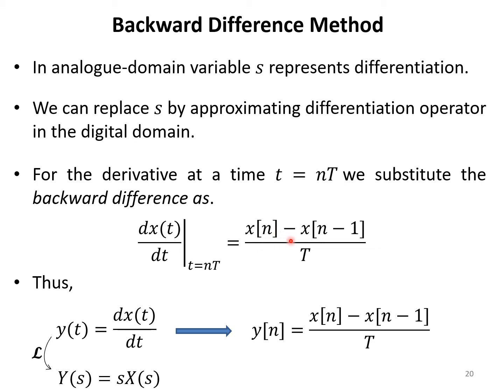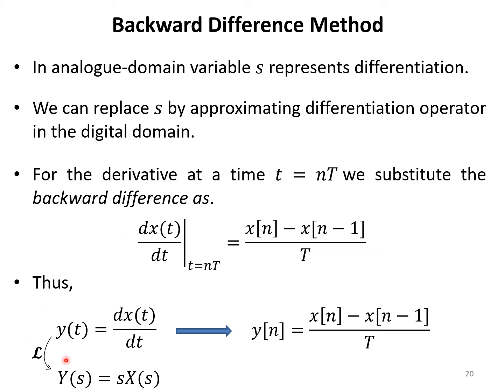But forward difference, of course, is not causal, so it cannot be used in real-time applications or filter approximation, right? So we use only the backward difference. So the backward difference is the current sample minus the previous sample divided by the sampling interval, right? So this is a numerical approximation of the continuous time derivative.